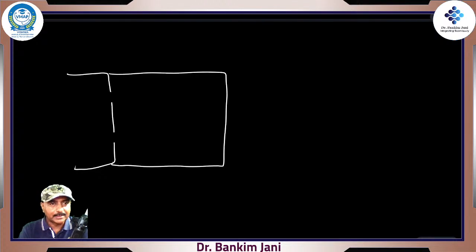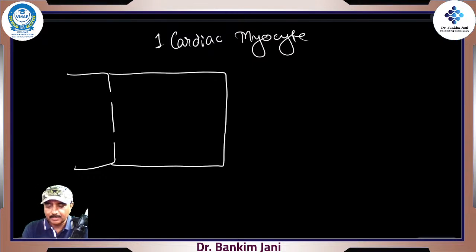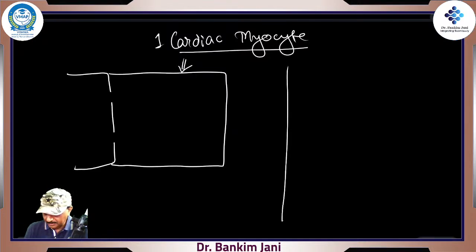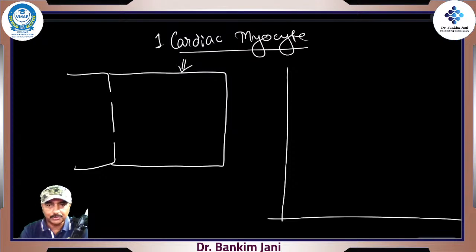So now we start with one cardiac myocyte. This is our playground, this is where the action would occur. And the interesting thing is that we keep drawing the graph together.